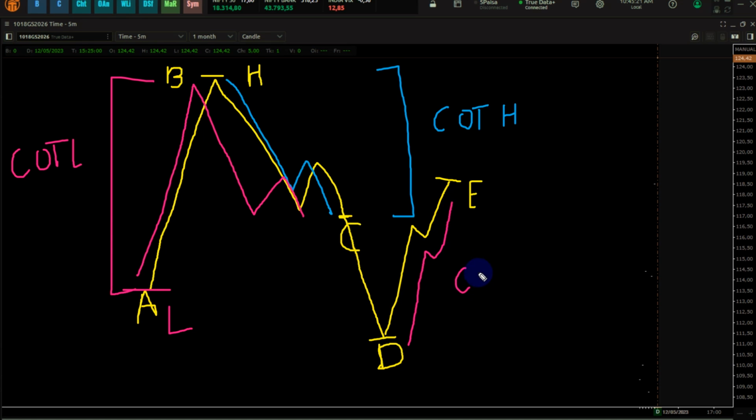So COT low has now changed because a new low was made, and the COT low value would now be this part. And what would be COT high? COT high would now be, will continue like this and this. So the COT high has now become the delta between B and E along this path. So you see how this changes, and it is dynamic.